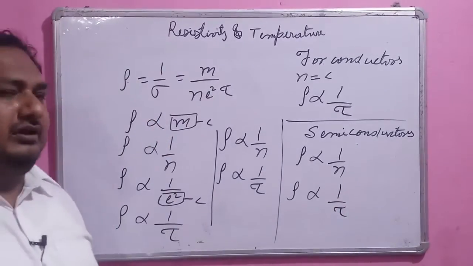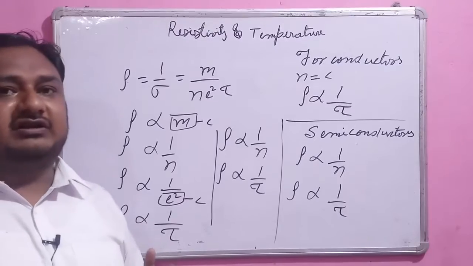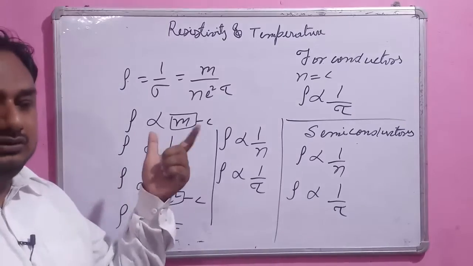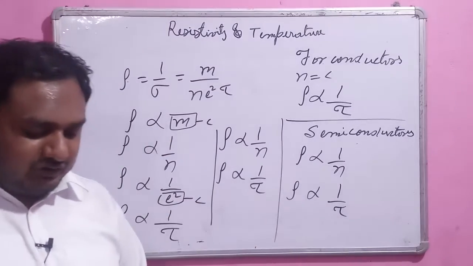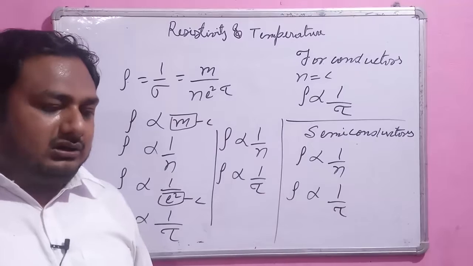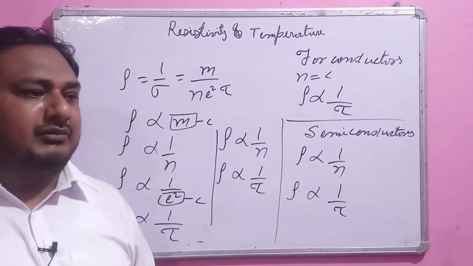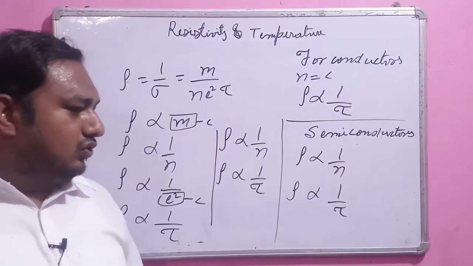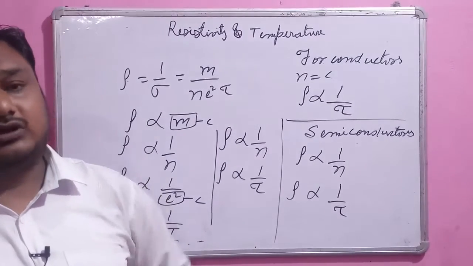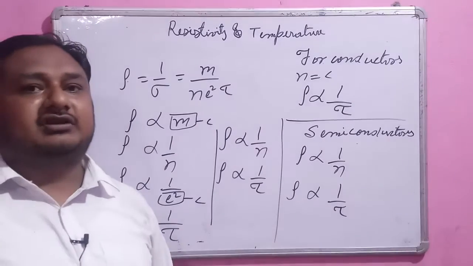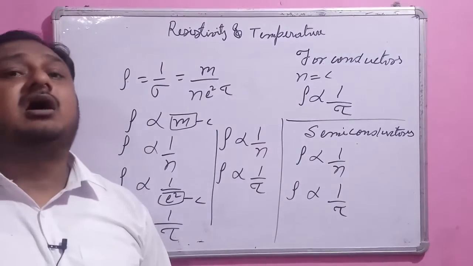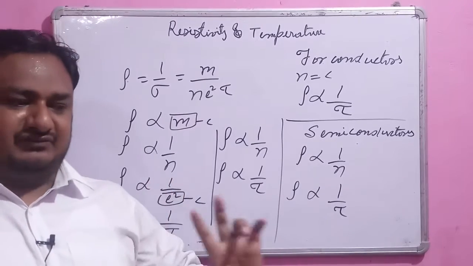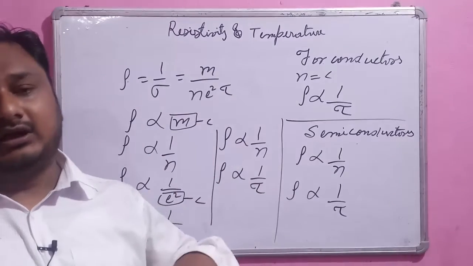Now why am I explaining this? Because we need to understand the dependence of resistivity on temperature. The resistivity of a metallic conductor is 10 raised to power minus 8 ohm meter, and the resistivity of an insulator is 10 raised to power 18 times greater than that of conductors. The resistivity of a semiconductor lies between the resistivity of a conductor and an insulator.